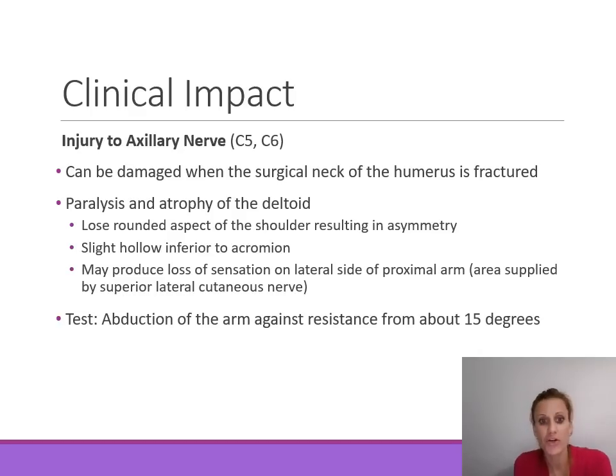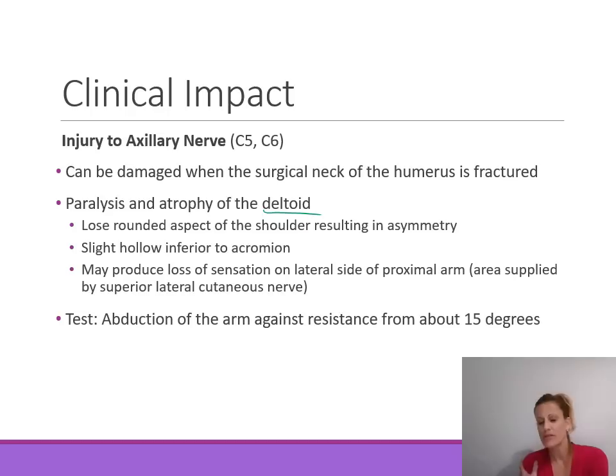The axillary nerve, which contains fibers from C5 and C6, can be damaged due to trauma or when the surgical neck of the humerus is fractured. When the axillary nerve is severely damaged, this can result in paralysis of the deltoid muscle, the large triangular shoulder muscle.